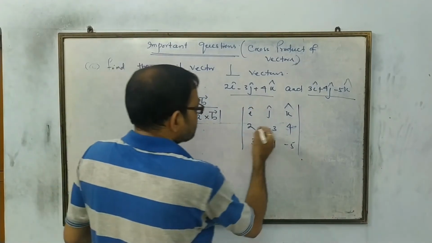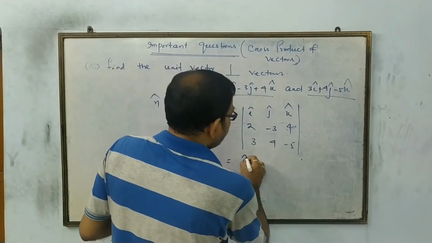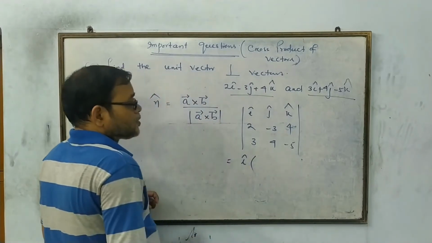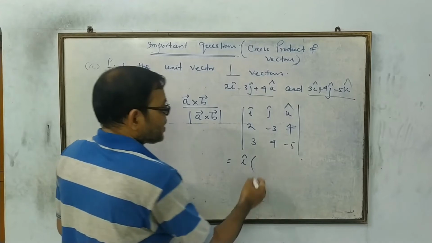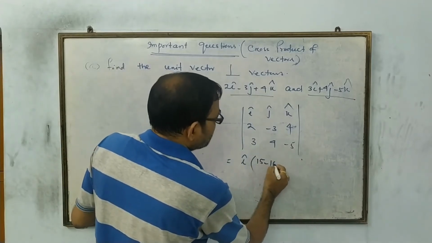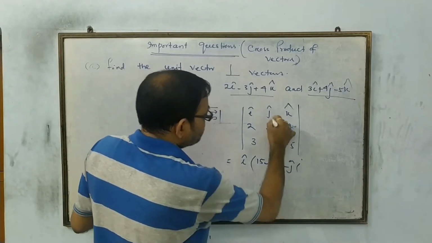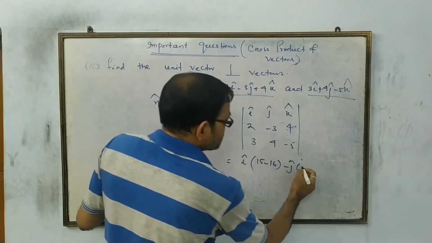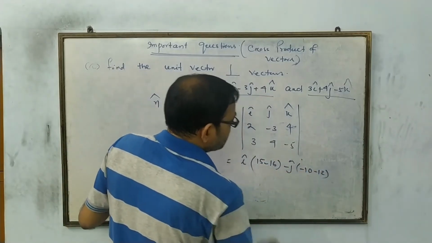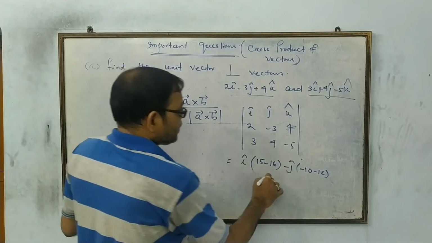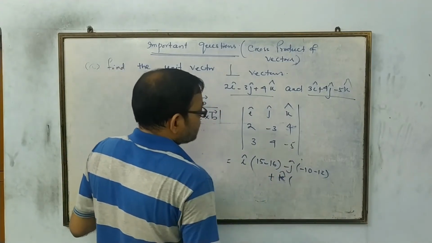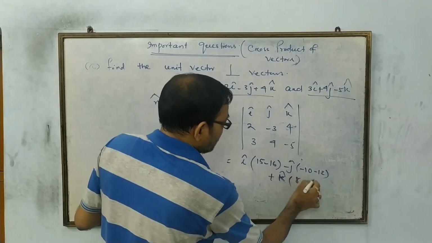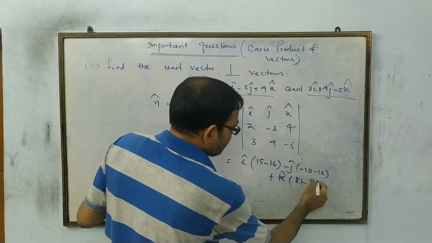This is your A cross B. So I into, you know how to split the determinant, minus 3 into minus 5, that is 15 minus 16, minus j into minus 10 minus 12, plus k into 8 minus of minus 9, it is plus 9.